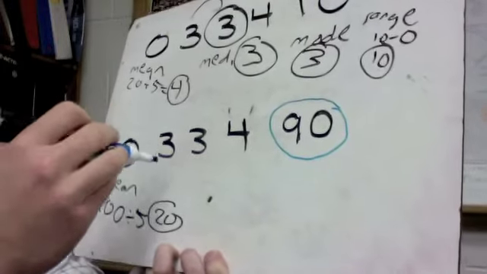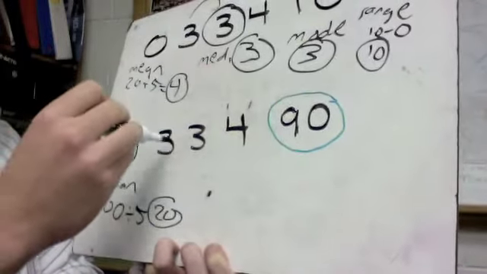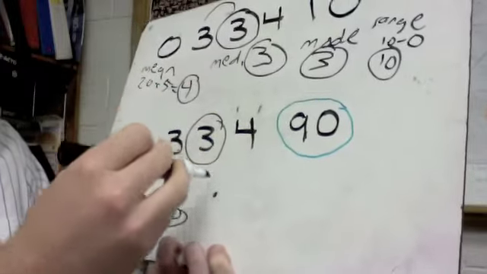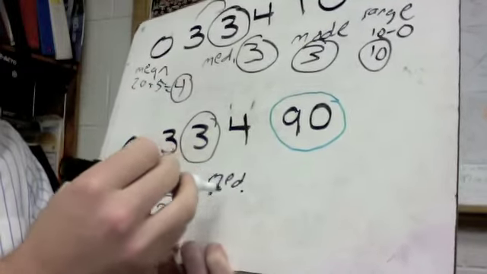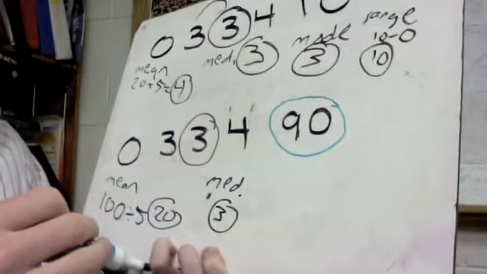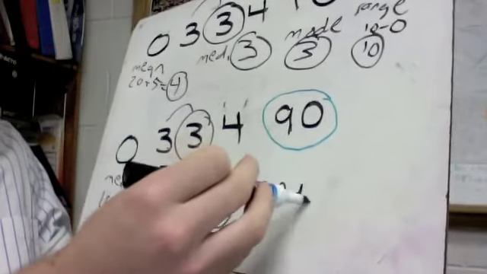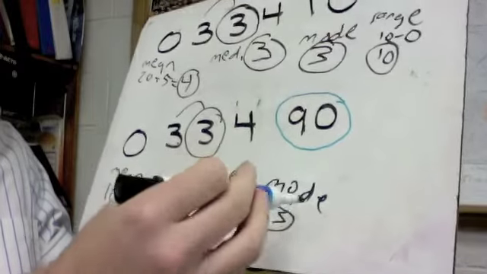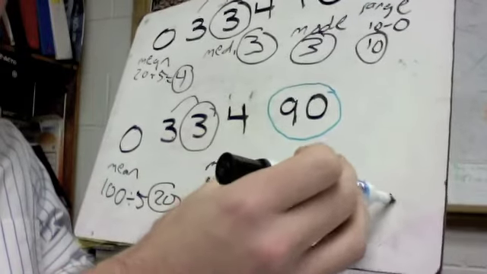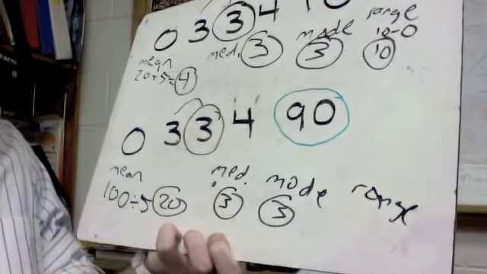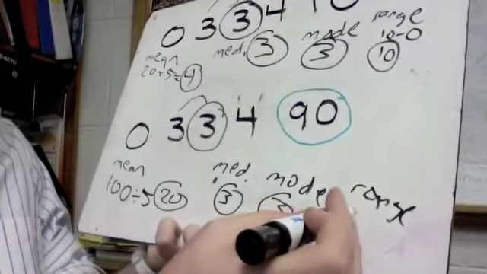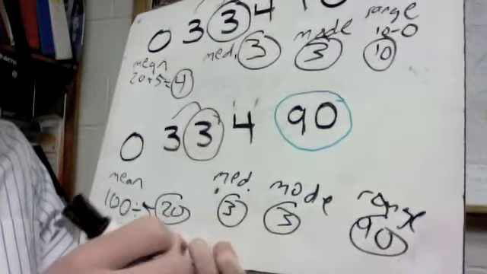If we do the median, we still have 3 as our middle number. For mode, we still have 3 as the number that happens the most. And then our range, now we have 90 minus 0, so our range is going to be 90.